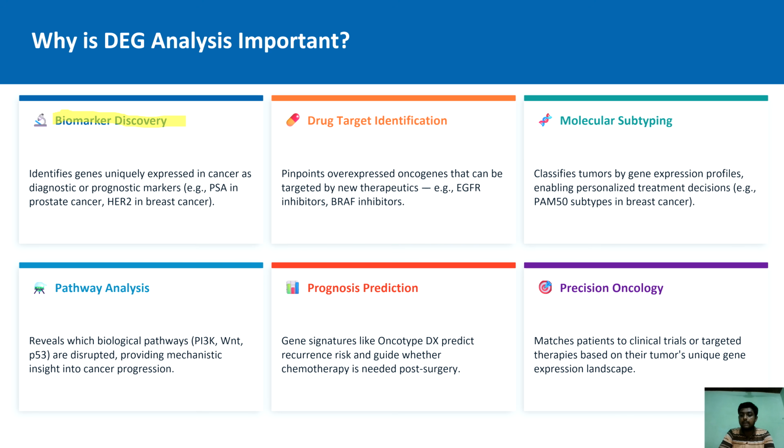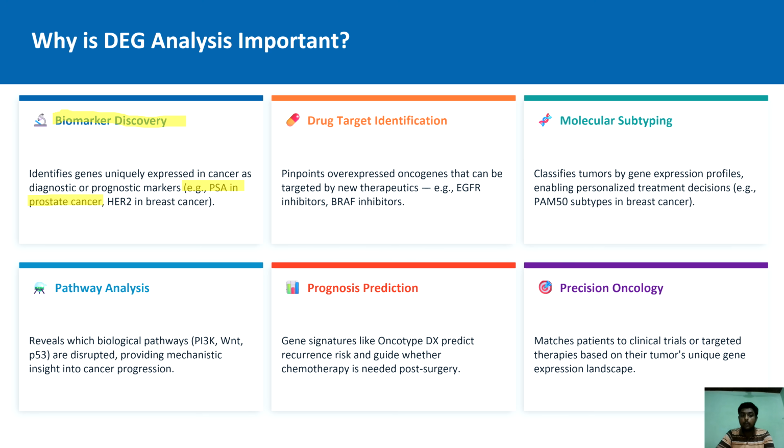If the glucose level is high, we generally say high sugar patients, and if the level is below a certain level, we say low sugar patients. So glucose is a biomarker. Here we are giving some examples, like PSA in prostate cancer.